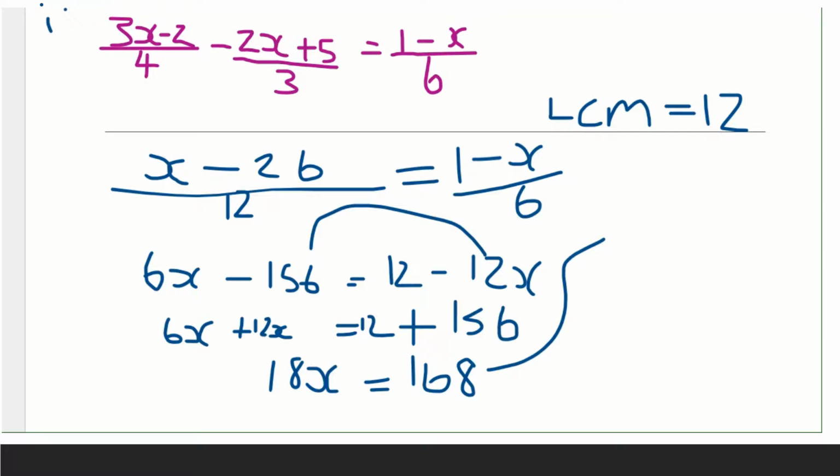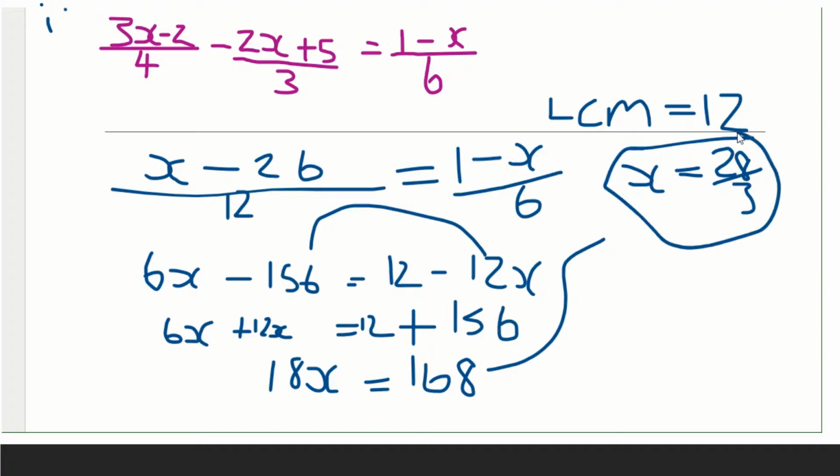But actually, we would like to get rid of our 18 from beside the x because we're solving for x. So what we're going to do is divide each side by 18. So of course we have x is equal to 28 over 3, and that's our answer for our second example.